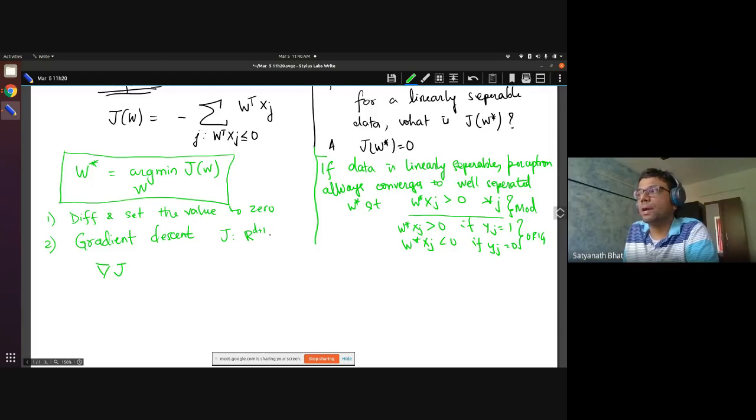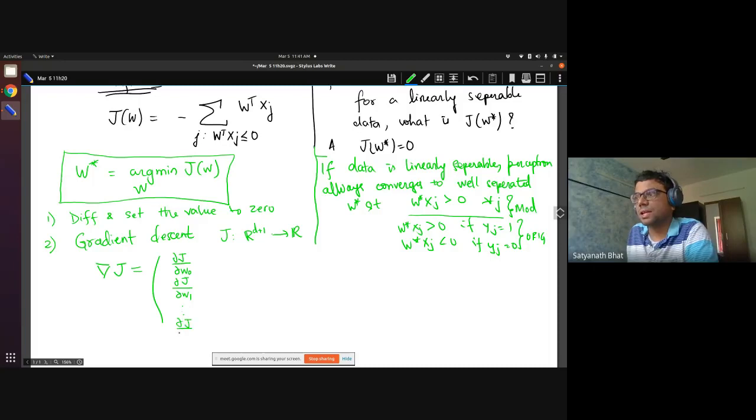It's a function from R^(d+1) to R. Now what gradient is capturing is an analogous notion of the slope. So here what you will do is look at partial derivatives of J with respect to every single weight.